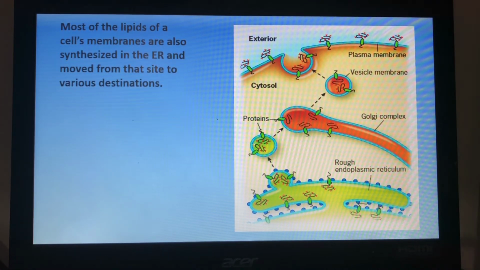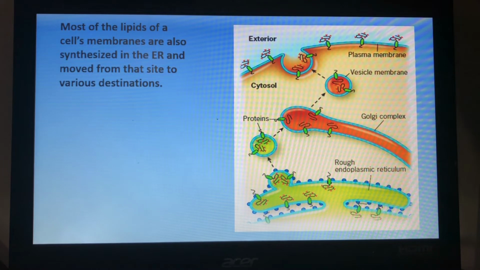As each protein is synthesized in the rough ER, it becomes inserted into the lipid bilayer in a predictable orientation determined by its amino acid sequence. This orientation is maintained throughout its travel in the endomembrane system, as illustrated in this picture.